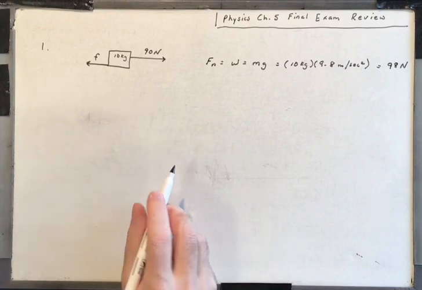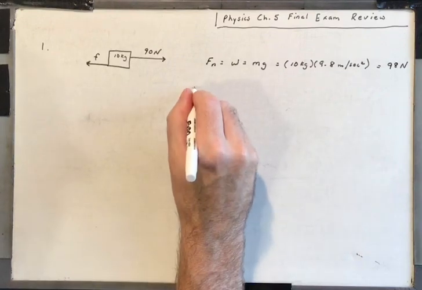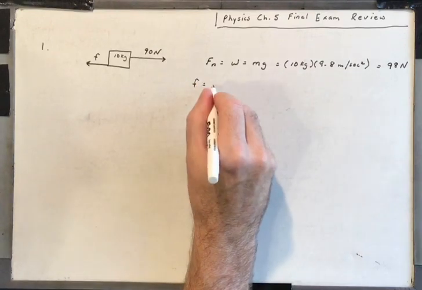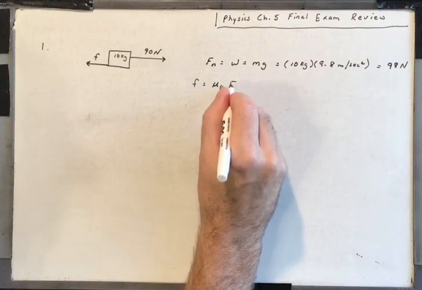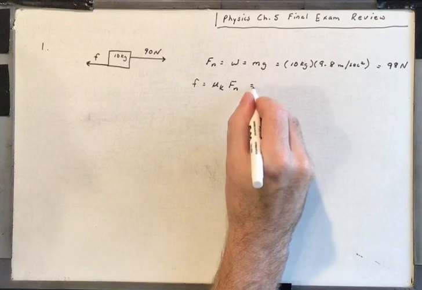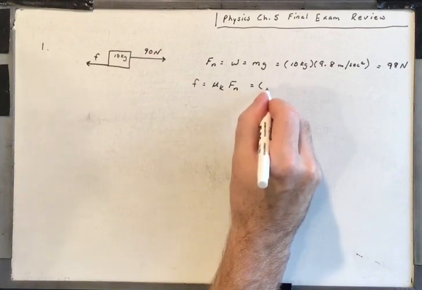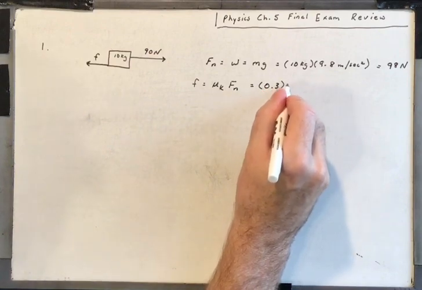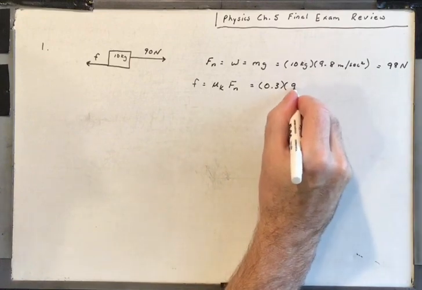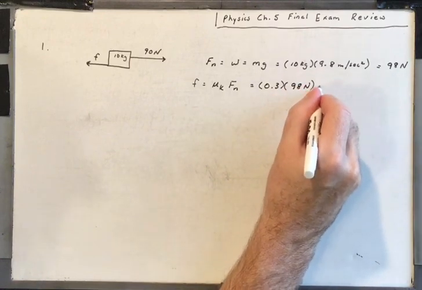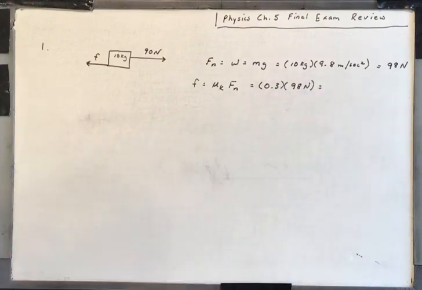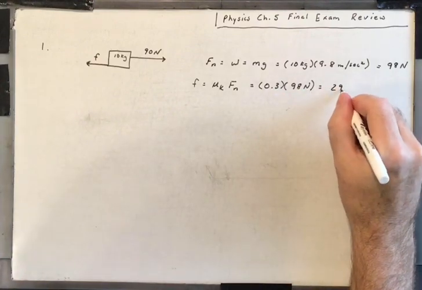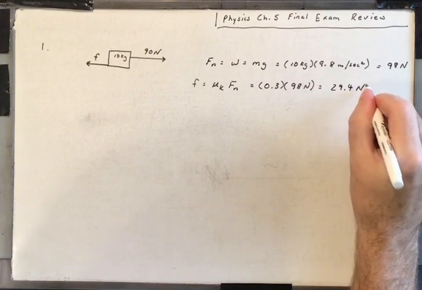All right, so we can get our frictional force, because we know it's mu sub k, since it's moving, times the normal force. Mu sub k is 0.3. The normal force we just figured out is 98. And so we would have that as 29.4 newtons.